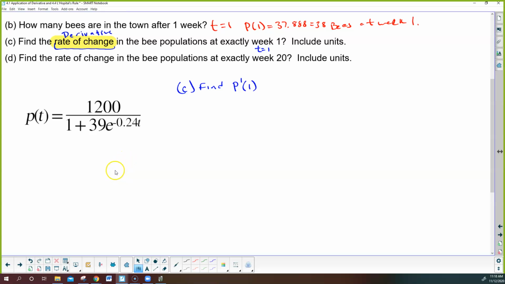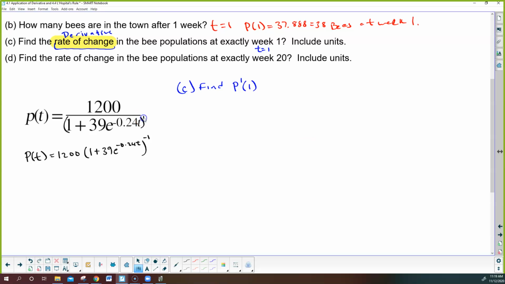Now there's two options here. I think this is kind of a cool thing. You could do quotient rule right now and it'll work. Or what if I take this denominator and I write it out of the denominator and put it up top?